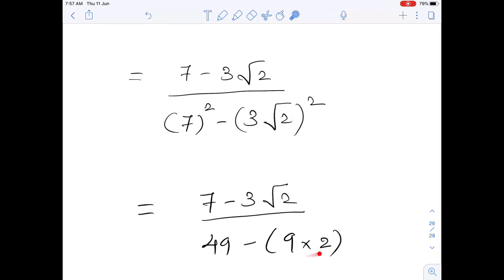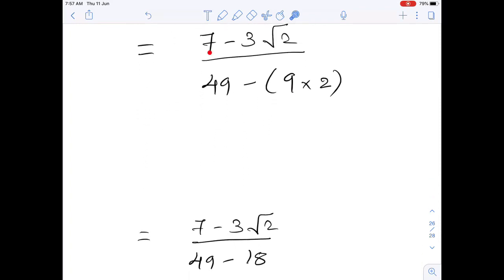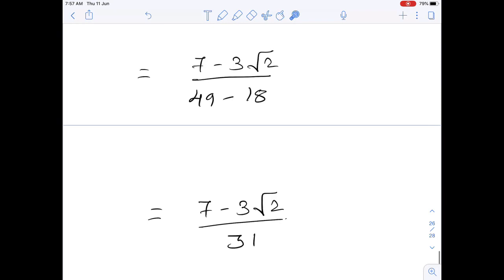Now these both numbers will multiply with each other, so in the numerator 7 minus 3 root 2 as it is, 49 as it is, minus 9 twos, which is 18. The next step is subtraction of these numbers: 49 minus 18 will be 31. In this way, again we have rationalized the denominator.